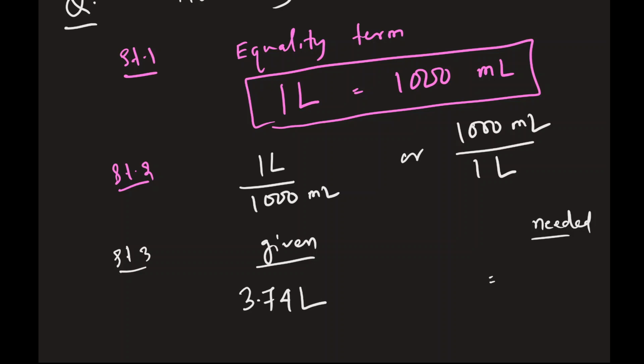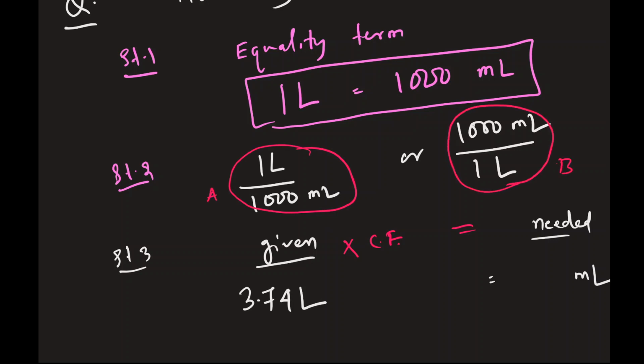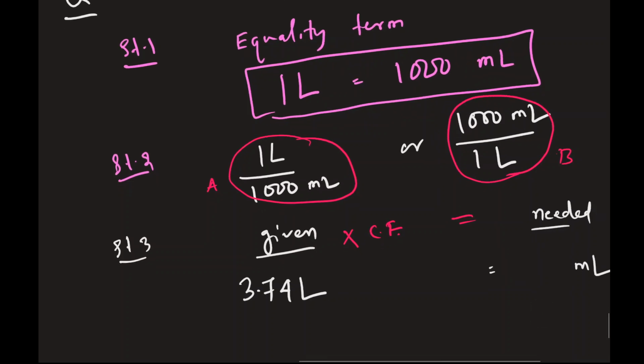What's needed? We need certain milliliters, right? So what do we have to do? We have to multiply by our conversion factor, CF. Are we going to be using conversion factor A or conversion factor B?